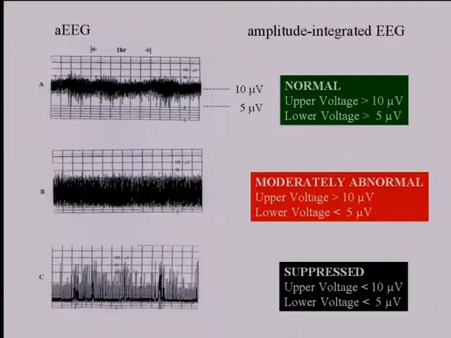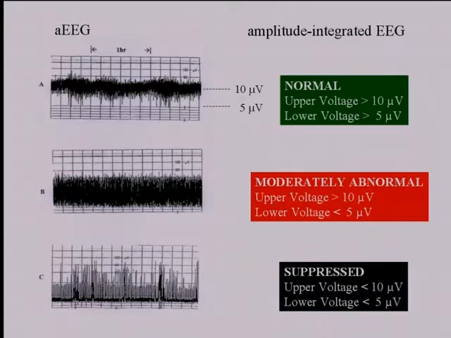A normal EEG is one where the upper voltage is higher than 10 microvolts and the lower voltage is higher than 5 microvolts. Very clear. A moderately abnormal EEG is one where the lower voltage is less than 5, the upper is still more than 10.